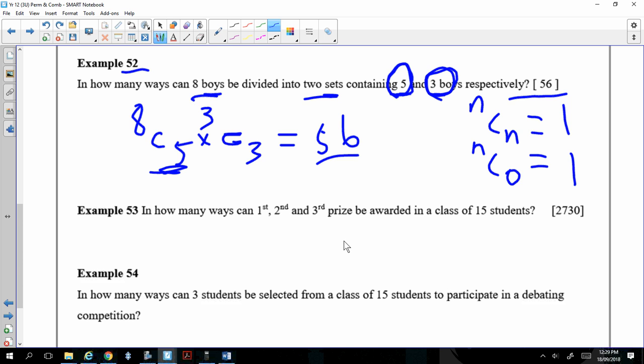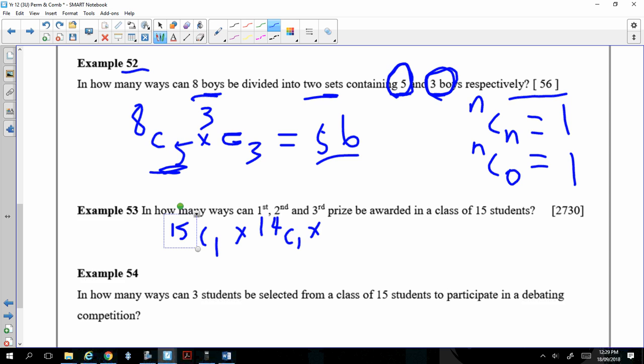Megan? Did you do it? Yep. Yeah, because you can just go like this, that's a good way, or you can just go 15P3 because the order is important. Okay, good.